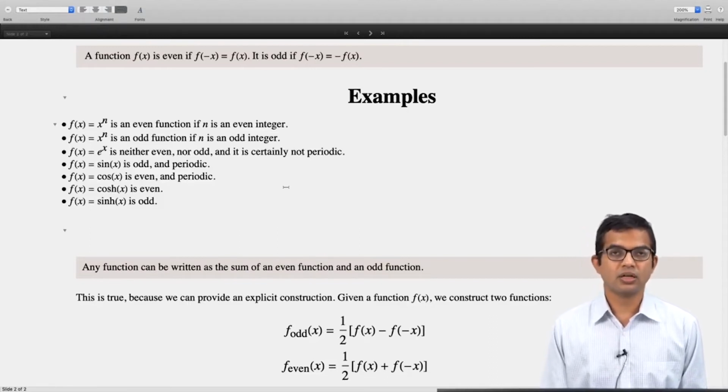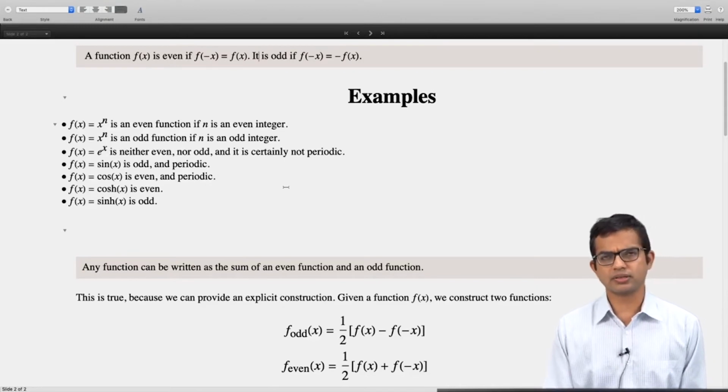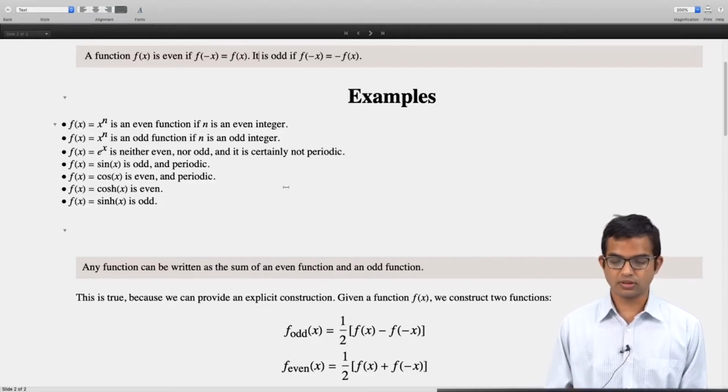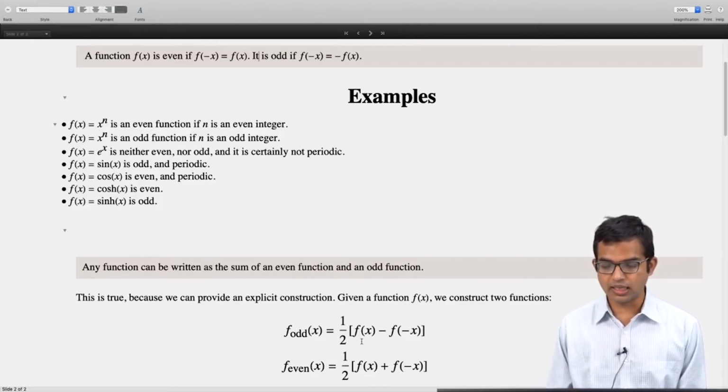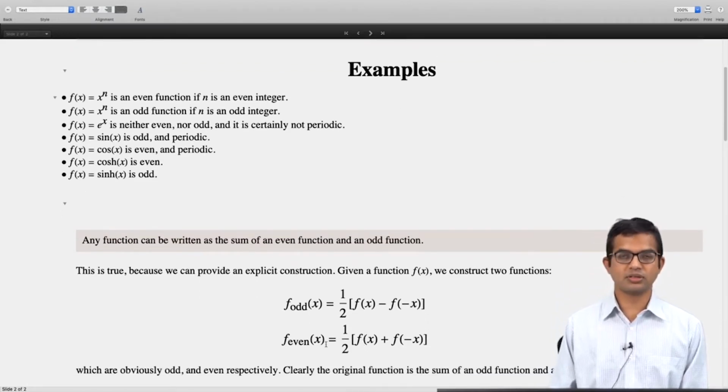Of course, not every function is either even or odd, right? We have already seen examples of functions which are neither even nor odd. There are a lot of examples; you can construct your own. But given any function f of x, you can always consider these combinations. You can evidently see that the first of these functions is odd and the second of these is even.